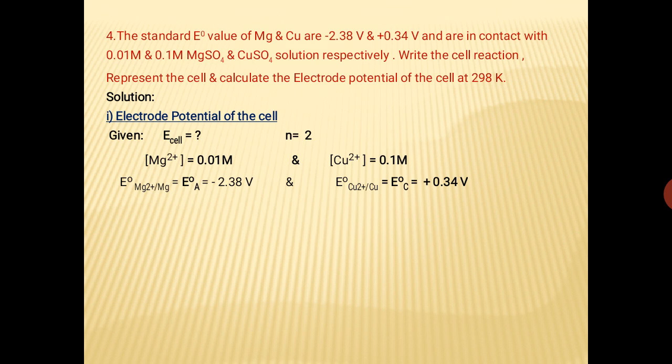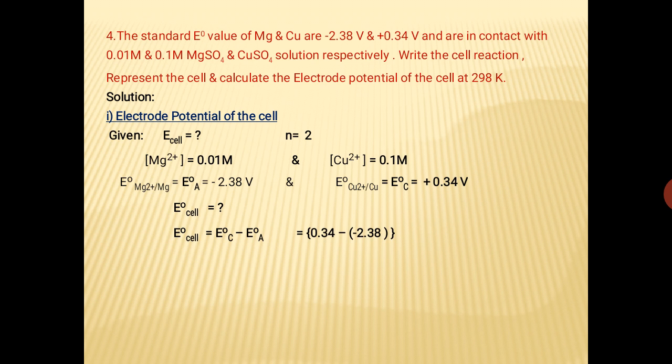Now we have the E0 values for the anode as well as the cathode. If we have the anode value and the cathode value, we can calculate E0 cell. So how to calculate E0 cell? By using a simple formula, E0C minus E0A.